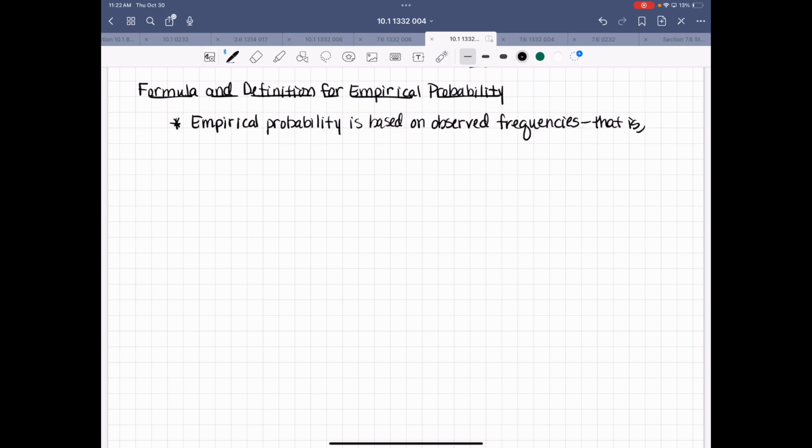That is the number of times a particular event has occurred out of a certain number of trials.